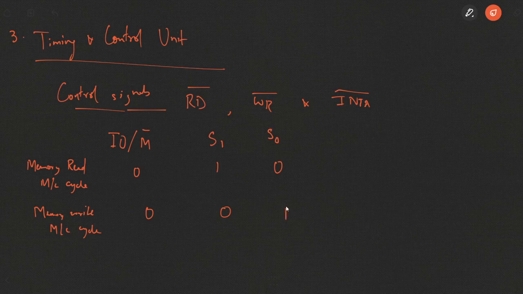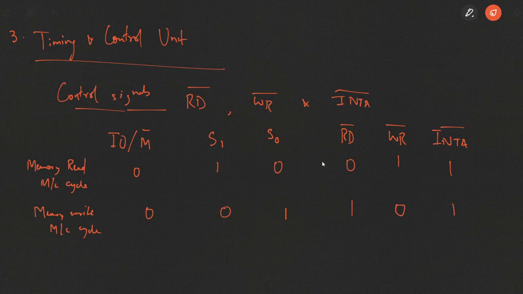As well as the read signal: in this case read will be 0 because it is active low. Write will be 1, it is at high state, it will not be active. Since this is a memory read machine cycle, read will be active, write will not be active, and INTA will be 1. Again, since it is at high state, it will be inactive. For the memory write machine cycle, this will be 1, 0, and INTA will again be 1.